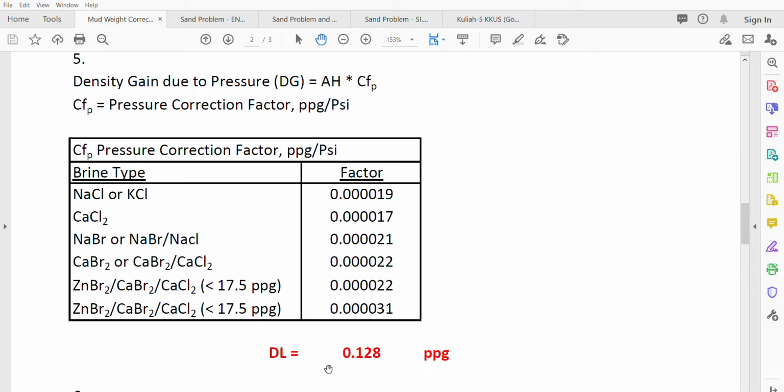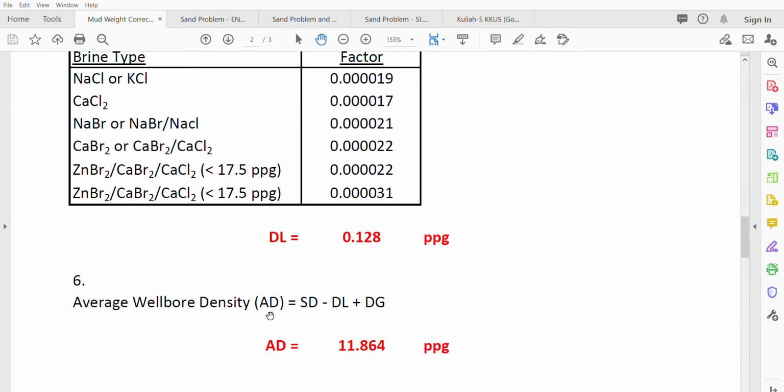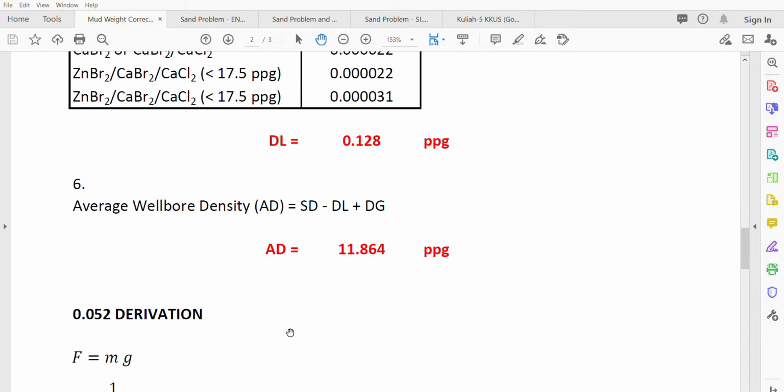So we have this number. And finally, the average vapor density is SD minus DL plus DG. So this is the final number.